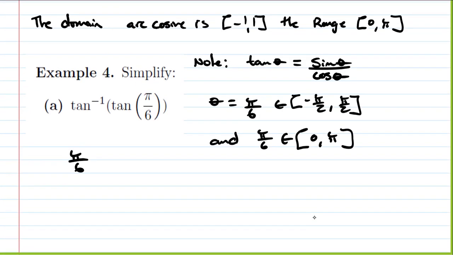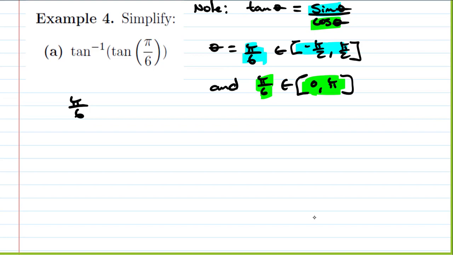The reason we could do that is that theta was in -pi/2 to pi/2, so that worked for sine, and it was also in 0 to pi, which means it worked for cosine. And tangent is sine over cosine, so since it worked for both, it had to work for tangent.